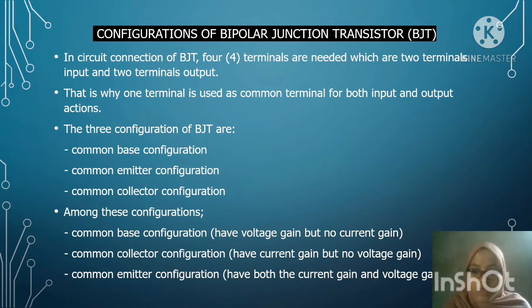The three configurations of BJT are: the first is common base configuration, the second is common emitter configuration, and the third is common collector configuration. Among these three configurations, the common base configuration will have voltage gain but no current gain, the common collector configuration will have current gain but no voltage gain, and the common emitter configuration will have both current gain and voltage gain.